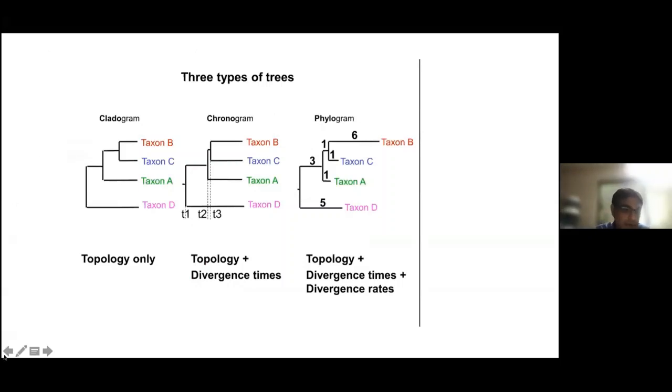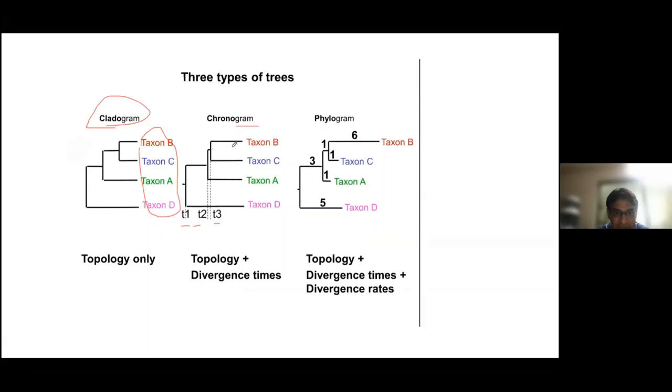We already discussed this in one of our earlier sessions, the simple cladogram. It just shows the topology, how the different taxa are different from each other. And here you have the chronogram, where you provide the time. For example, time 1 and time 2, and between the times is the diversification between these two groups.